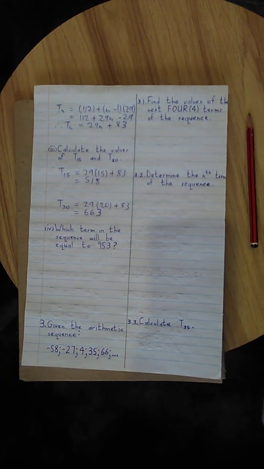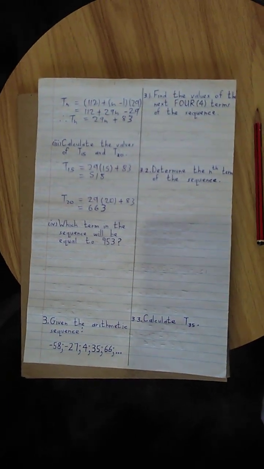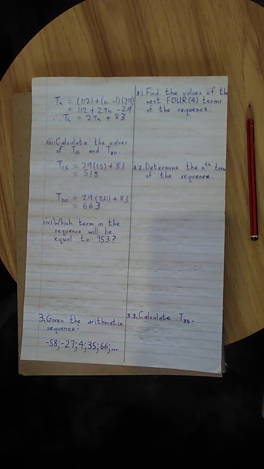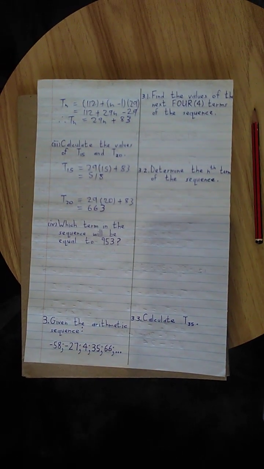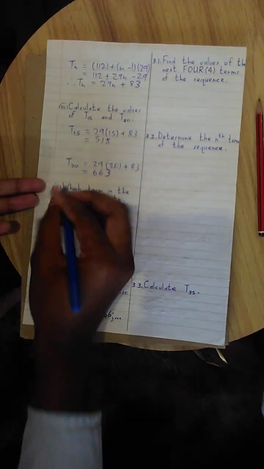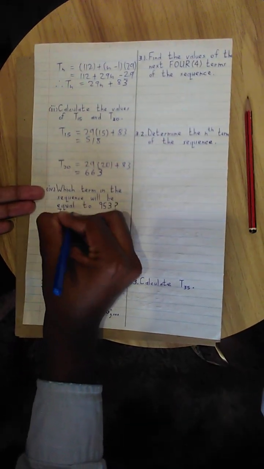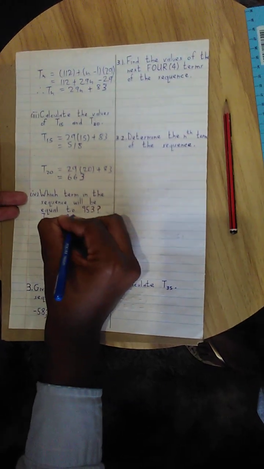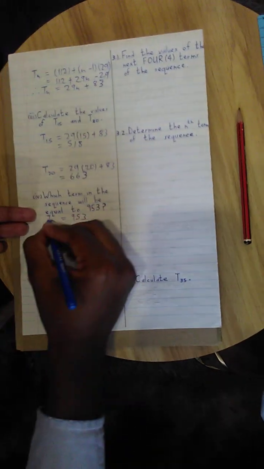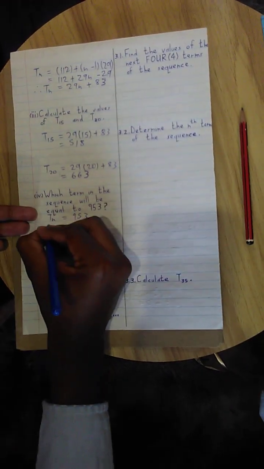Roman numeral number 4 asks you which term in the sequence will be equal to 953. So as usual, we equate Tn to this first. So Tn is equal to 953, right? Tn is 29n plus 83.